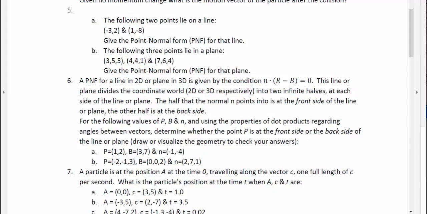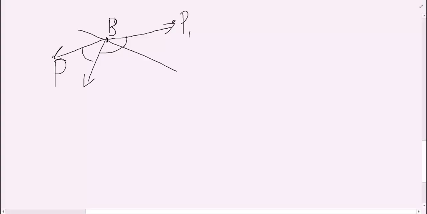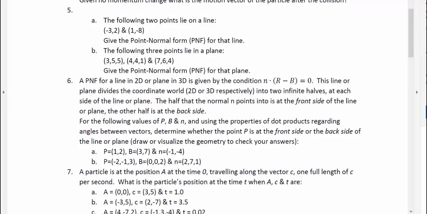So the first case that we have: P equals 1, 2, and B is 3, 7, and N is minus 1, minus 4. What we're looking for here is, wait, which one do we subtract from which one?